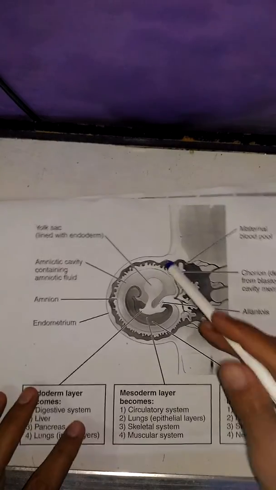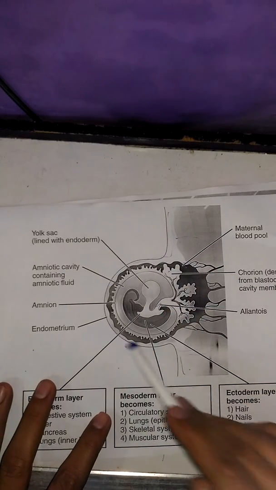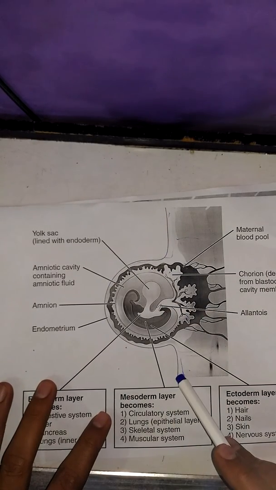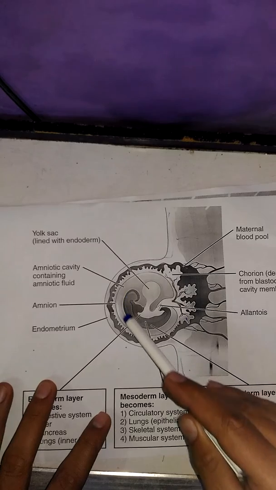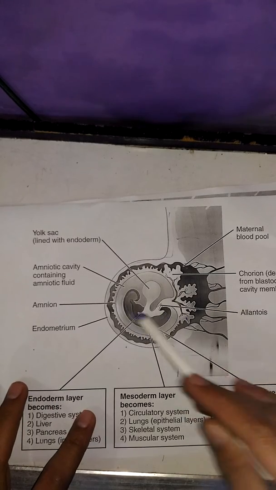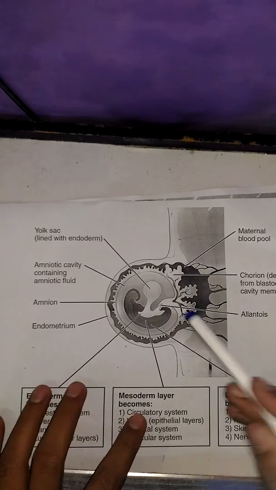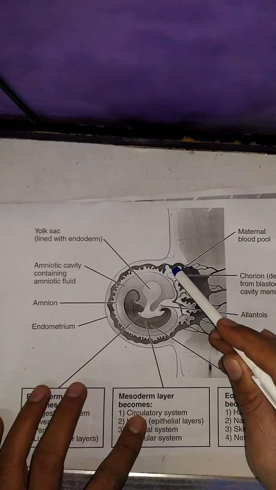Let me show you one more diagram here, which will firm our understanding. This is the endometrium. This is the embryo. These are chorionic villi.